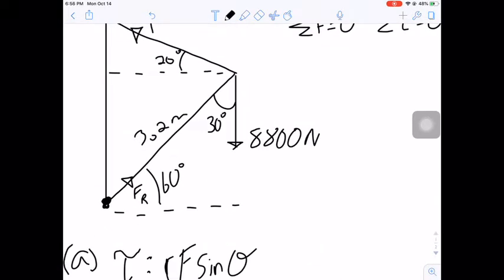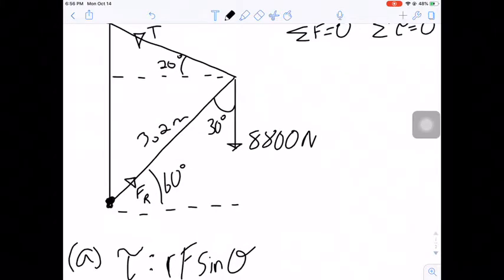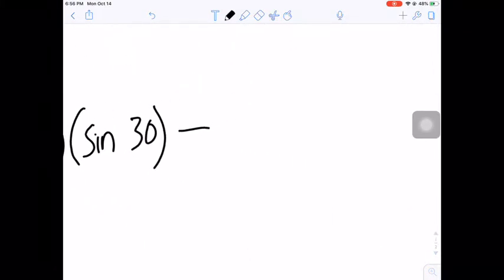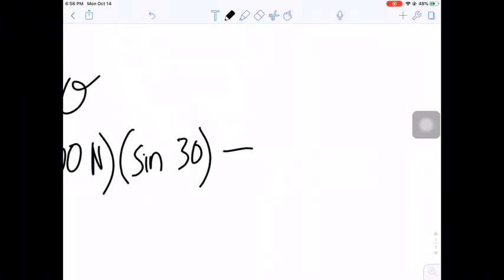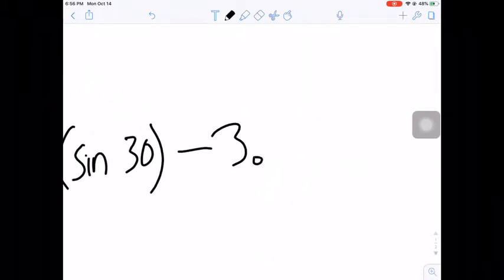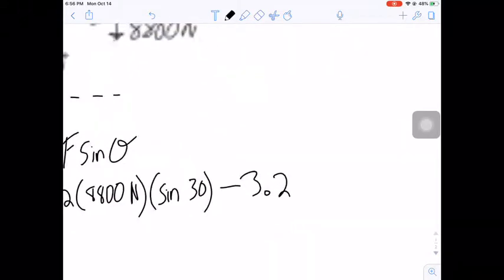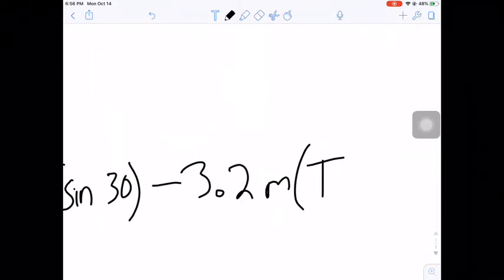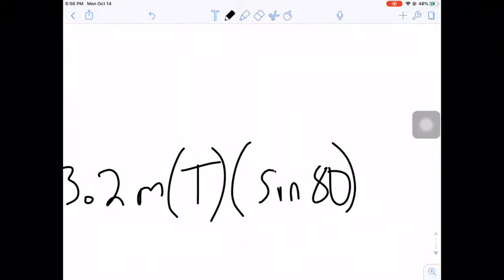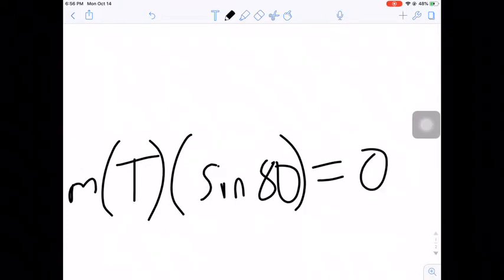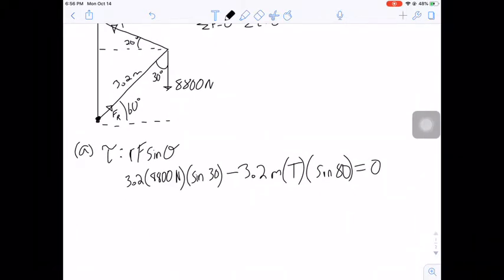And now for the upwards forces, we have the tension. So we're going to subtract that one. We do 3.2 for the R times tension, because we don't know that, we're going to solve for tension, times sine of 80. This is all going to equal 0 because one of the rules of equilibrium is that the net torque has to equal 0.